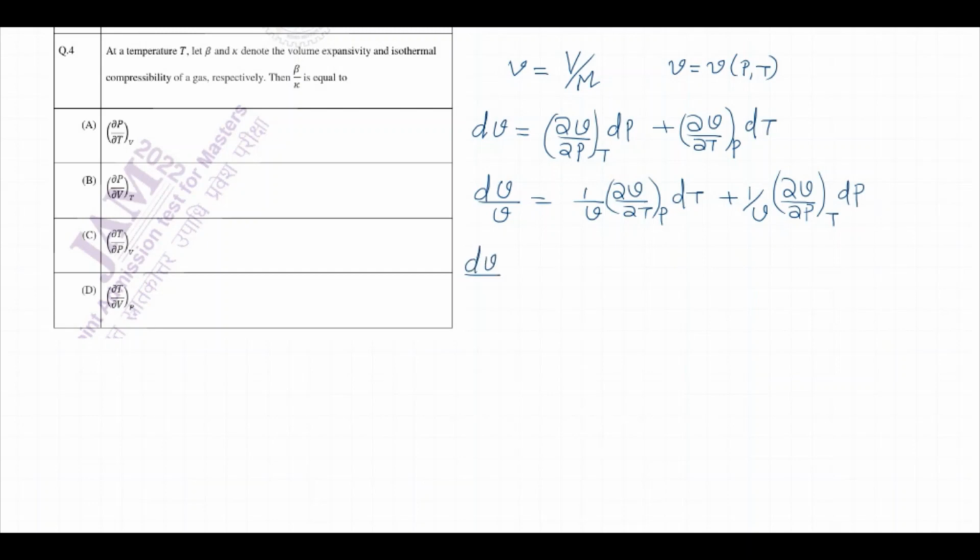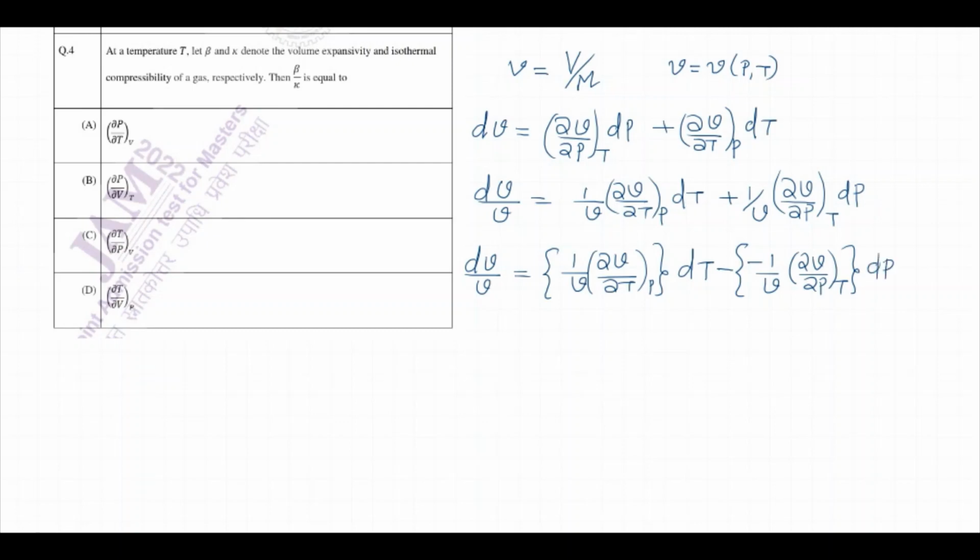Again, dv by v is equal to 1 by v dou v by dou T at constant P inside a curly bracket into dT, and I will take a negative sign outside, minus 1 by v dou v by dou P at constant T inside curly bracket into dP.